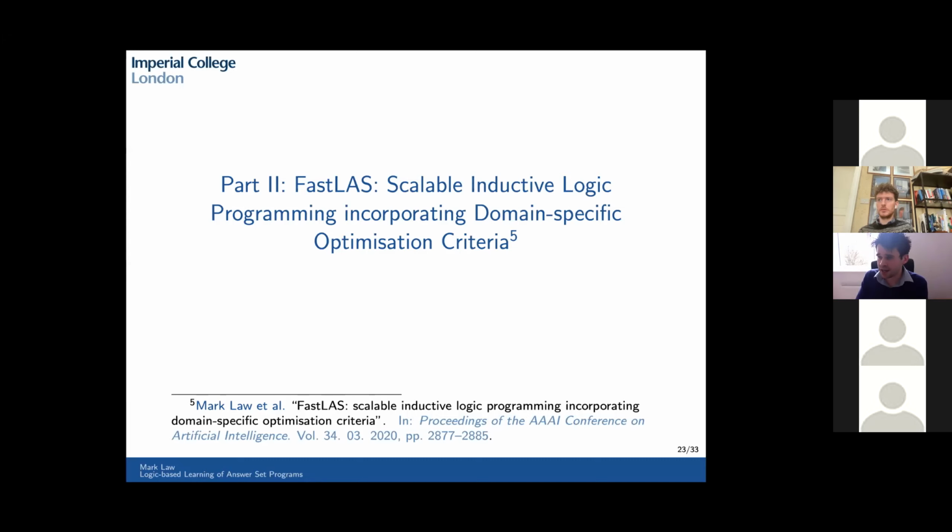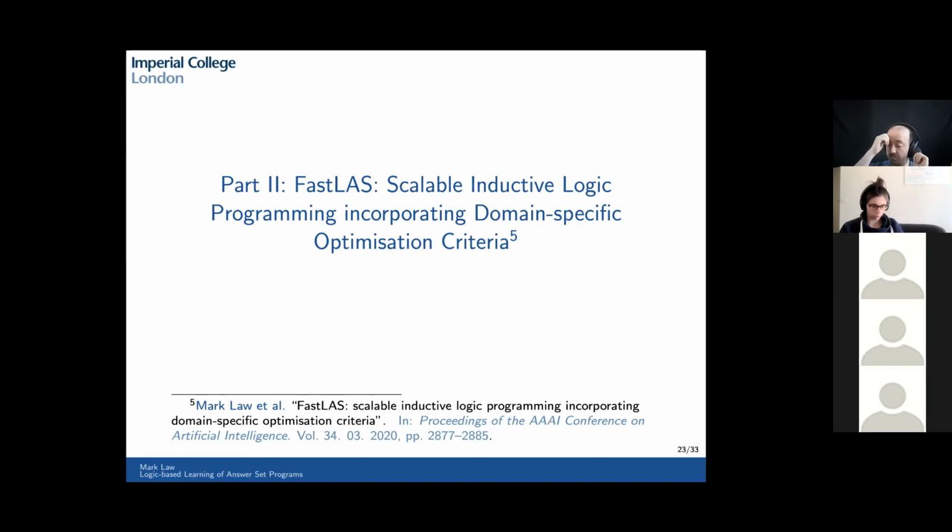So if you have observational predicate learning, which means that the examples you've given are for the same predicate as the target predicate you're trying to learn, you have no recursion, you have no predicate invention, you have, say, no negative examples, because they actually raise the computational complexity, then you can get away with hypothesis spaces that contain many thousands of rules. So sometimes even hundreds of thousands of rules, which means 2 to the power of that many solutions.